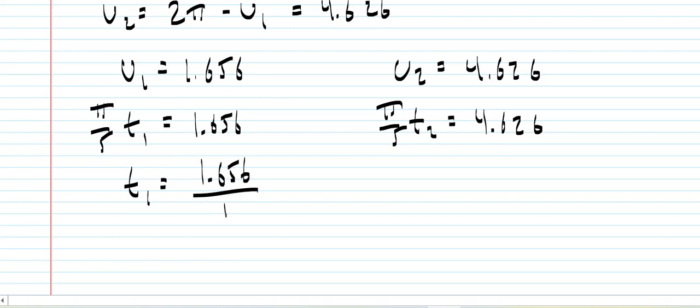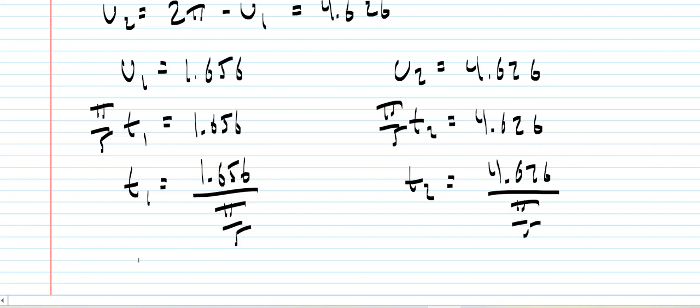So that means t sub 1 is going to be 1.656 over pi over 5, and t sub 2 is 4.626 divided by pi over 5. And it turns out t sub 1 is going to end up being equal to 2.636, and t sub 2 is going to be equal to 7.363.